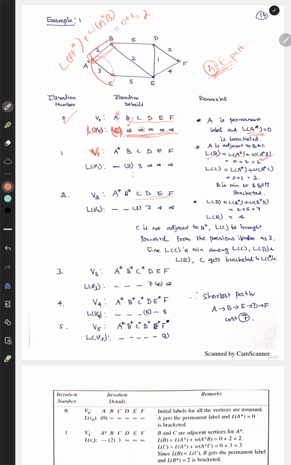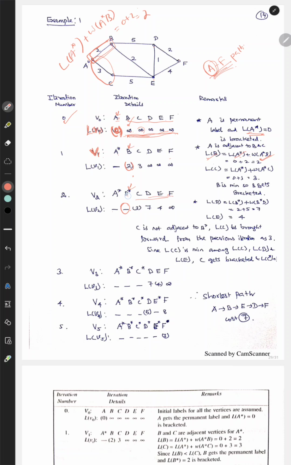Now among the values you have, A doesn't receive any label now, because A already has a permanent label. For the remaining vertices, you gave the new labels, and among those, 2 is the smallest. We will bracket it, and the corresponding vertex we will remove in the second iteration; we will star it, and there is no label for B also. Now A and B are without labels.